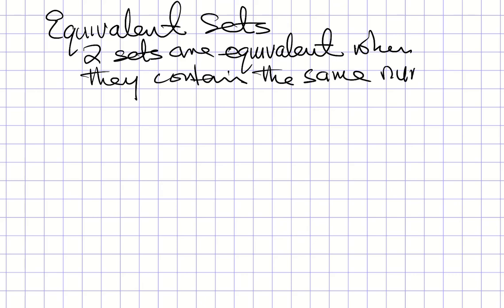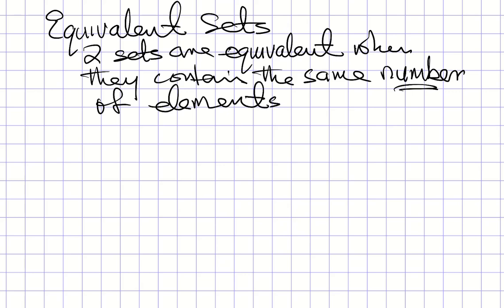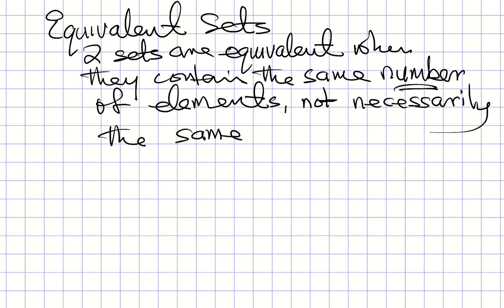This one has to do with number. The same number of elements, okay? And the elements are not necessarily the same elements, right? There can be different elements. They're not necessarily the same.